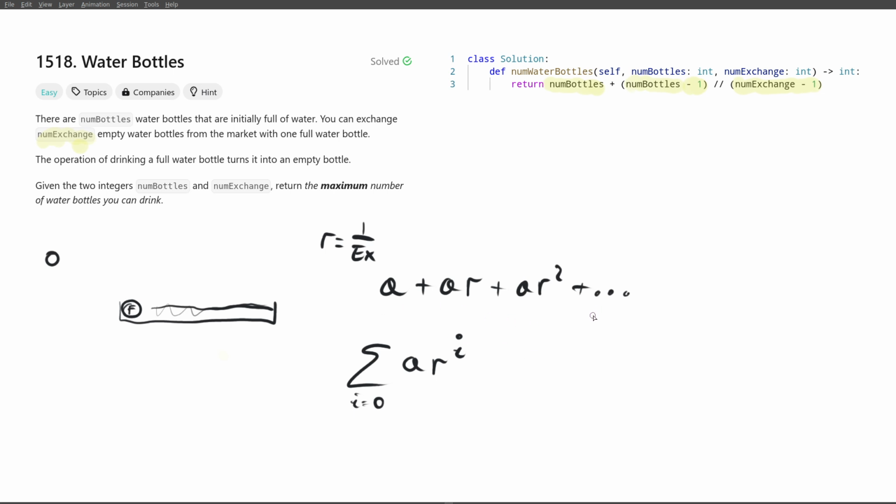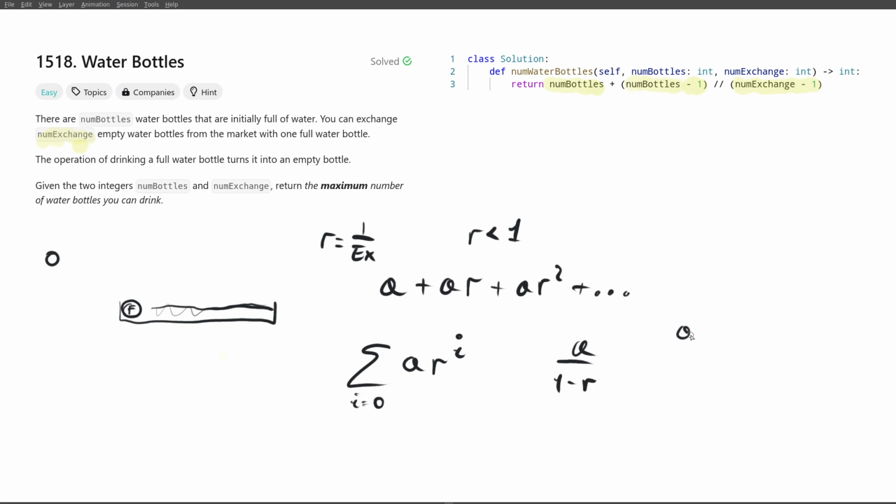But of course the difference here is that we're operating not on integers and not using floor, not rounding down. However, the sum of this geometric series, if r is less than 1, which it is in our case because this exchange ratio is at least 2, and it's an integer here. If r is less than 1, then we know that this whole thing becomes a divided by 1 minus r.